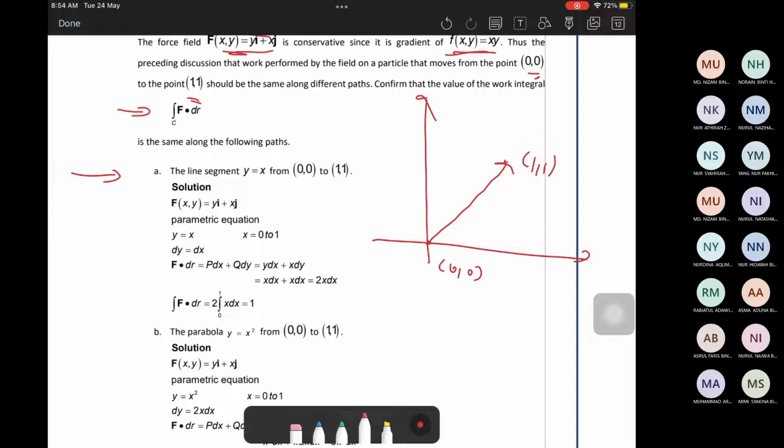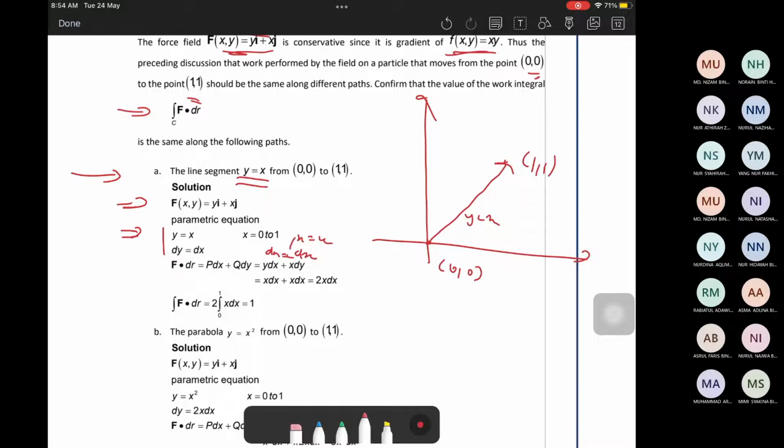Jadi solution dia iaitu F(x,y) equal to yi plus xj. Dan parametric equation yang kita ada adalah y equal to x. So kita kata y equal to x and x equal to x. Jadi dy equal to dx and dx equal to dx.